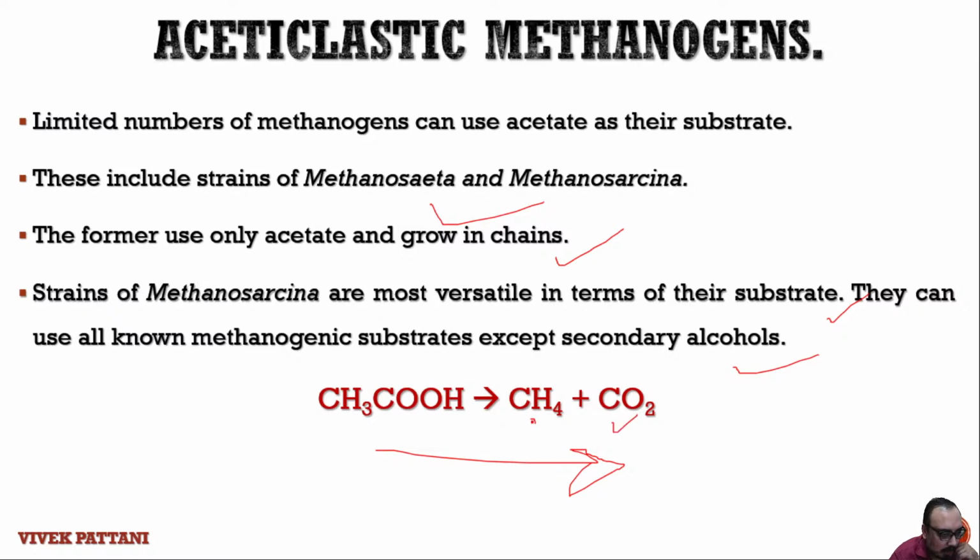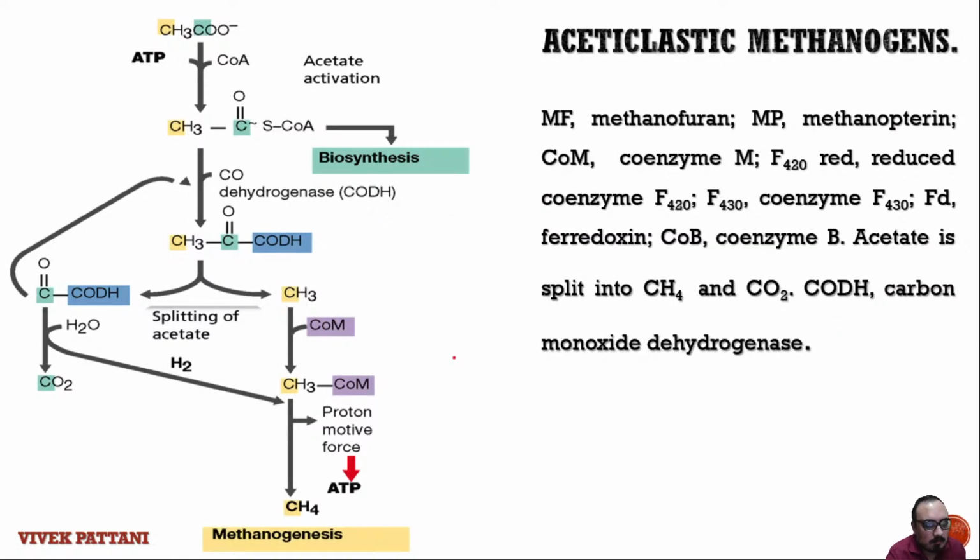This is a representative reaction where acetic acid will be converted into carbon dioxide and methane. Now moving forward with the mechanism of the acetoclastic ones. Acetate is split into methane and carbon dioxide, and in this case carbon monoxide dehydrogenase enzyme is also involved.